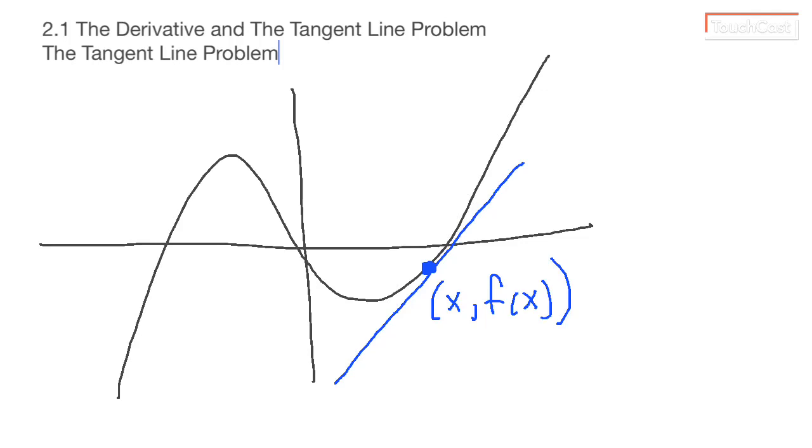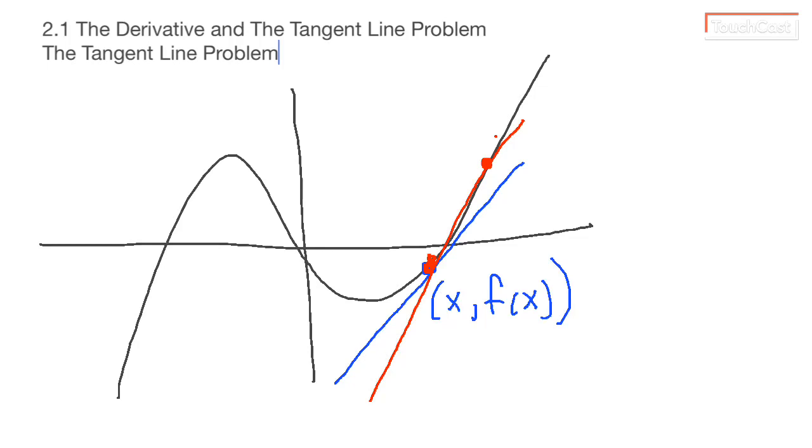If we recall back to when we took geometry, a secant line is found by taking 2 points on a curve. One of those points will be the x and f of x, and connect them. We won't get the exact slope of our tangent line, but we can get close.